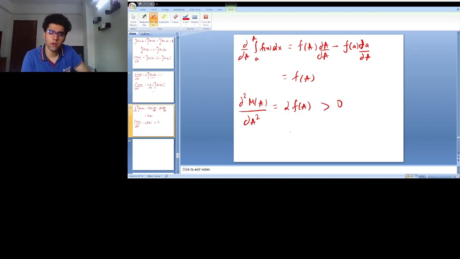Why? Because f(x) is my PDF, and I substitute a, so it will give me the probability at point A, right? And assuming that f of a is not equal to 0 at the median. If it was a symmetrical distribution, I guess it can be 0, but yeah, we are assuming that it's not. This is debatable, but assuming that this is greater than 0, because f(x) is the PDF.